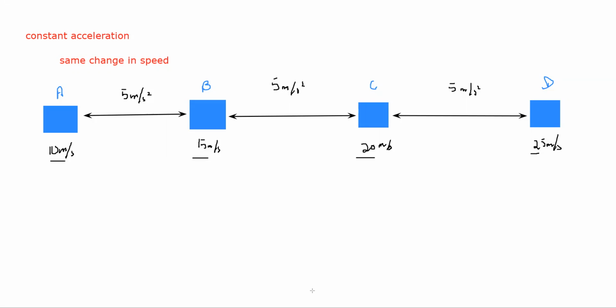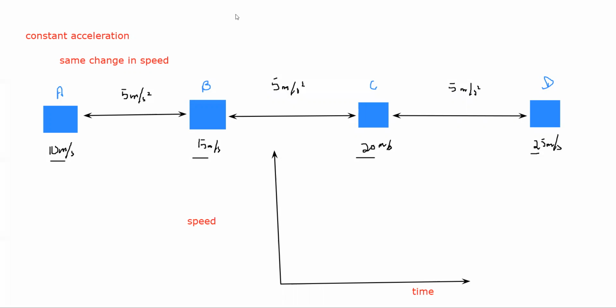So if we sketch a graph for this motion, the speed and time graph, with time on the x-axis and speed on the y-axis. Speed is increasing, but at a constant rate.